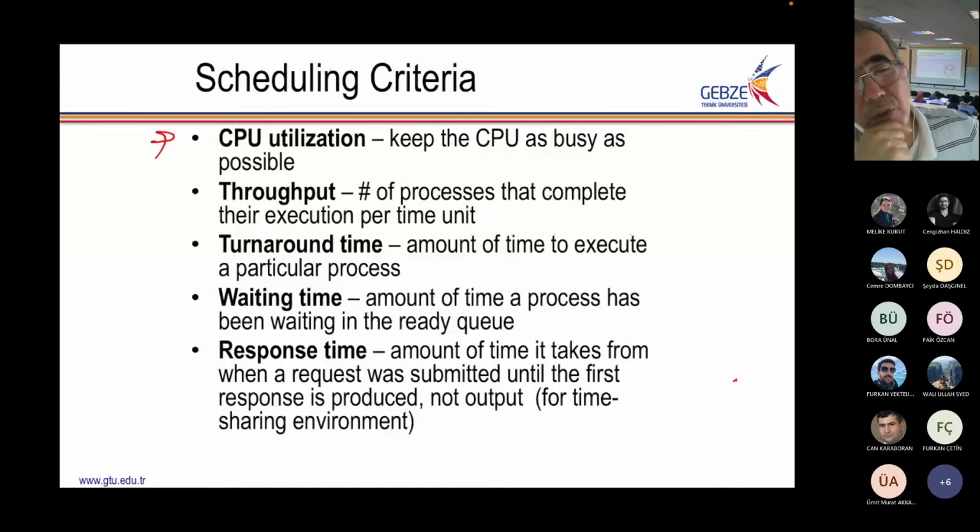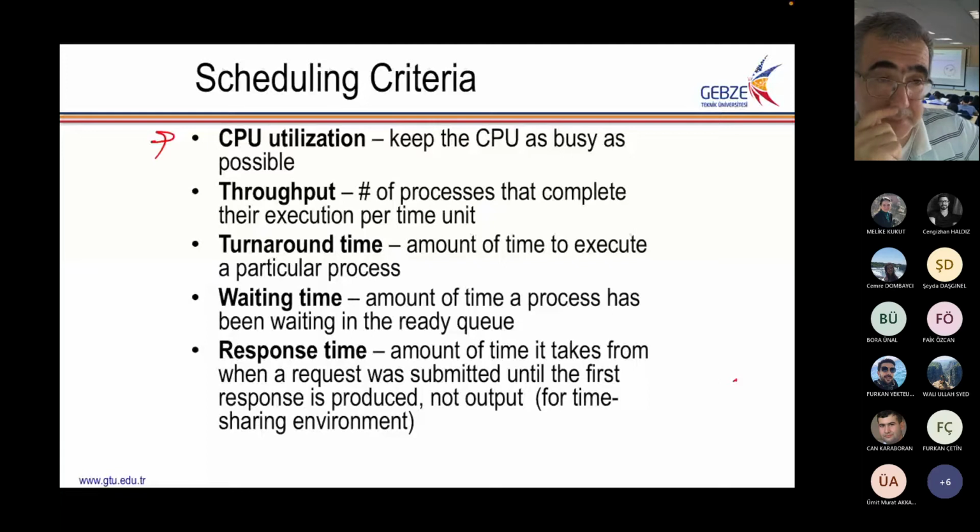So he is going to wait for input and output or some sleep time. I don't want that. So my main concern can be CPU utilization. Do something, doesn't matter how you are doing.